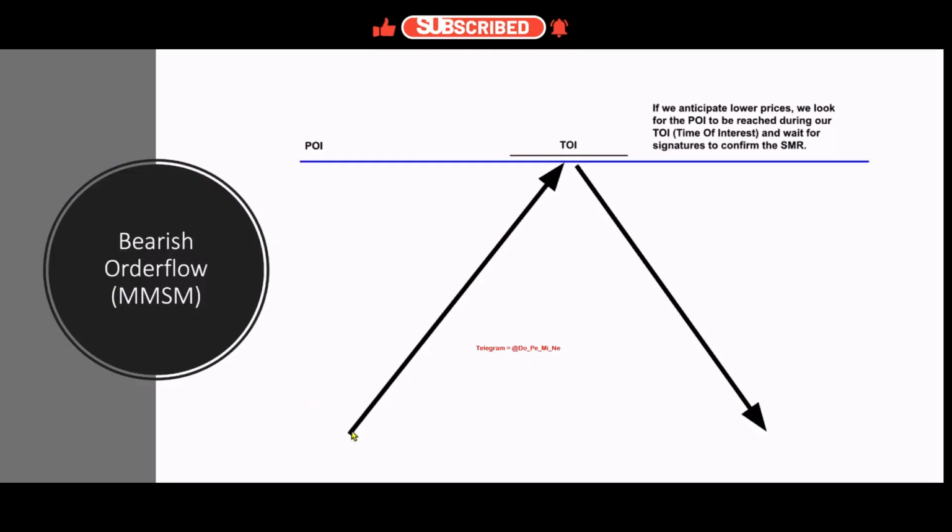So what we can see is that there's repricing higher into our point of interest, into that very specific price level during our time of interest. And if we anticipate lower prices, so if our narrative and higher time frame order flow is signaling to us, okay, well, we're likely to deliver lower for the upcoming period, then we look for that POI to be reached during our time of interest, and then we wait for signatures to confirm the SMR, aka the smart money reversal.